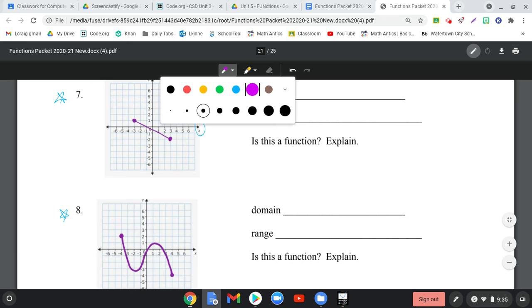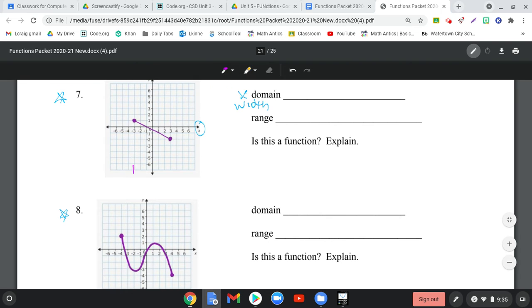All right, so domain is your x's, right? So x's go from side to side. So figure out the furthest point to the left and the furthest point to the right and anything in between here. So from here to here, and they're both closed circles, that's your domain.